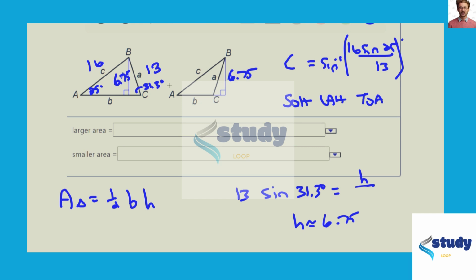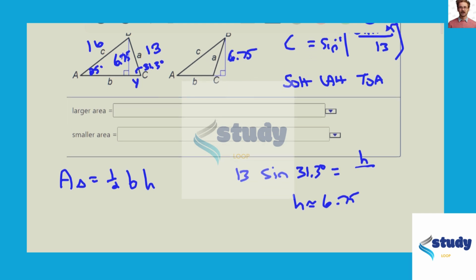And we can do this by finding this distance here, which I'm going to call y. Actually, I'll just call it x. That is the adjacent, or we could use the Pythagorean theorem, but I'm just going to go ahead and use adjacent hypotenuse.